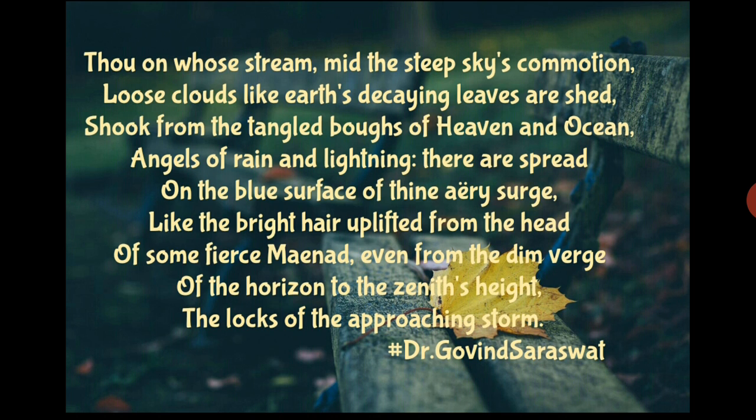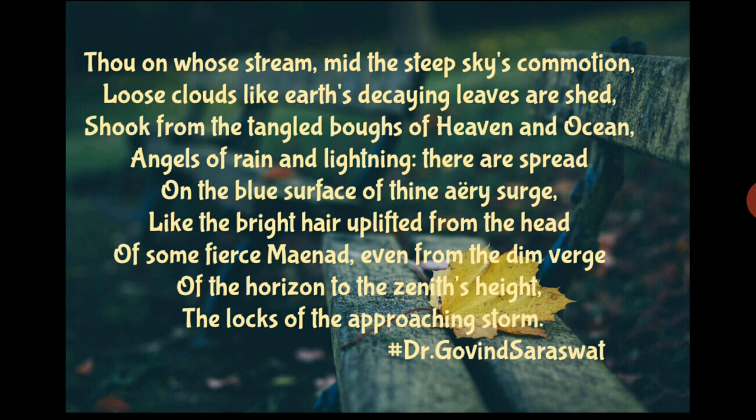Shelley tells us how the west wind blows from sky to the earth. His imagery is a bit complex, and we have to picture that huge tree in our mind, whose roots are in the ocean and branches are high up into the sky.